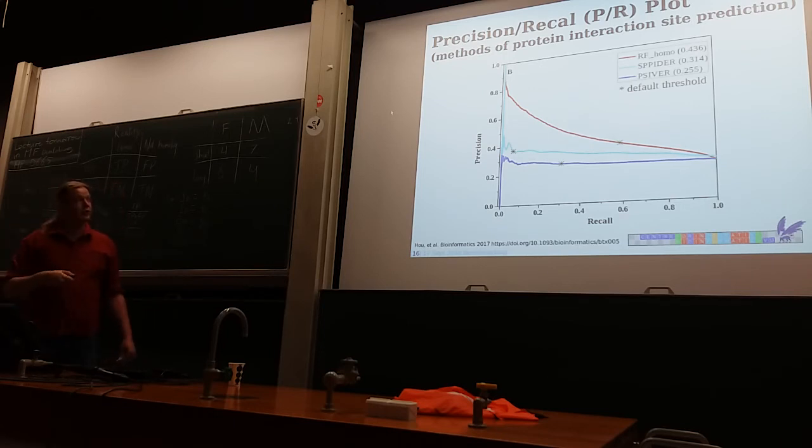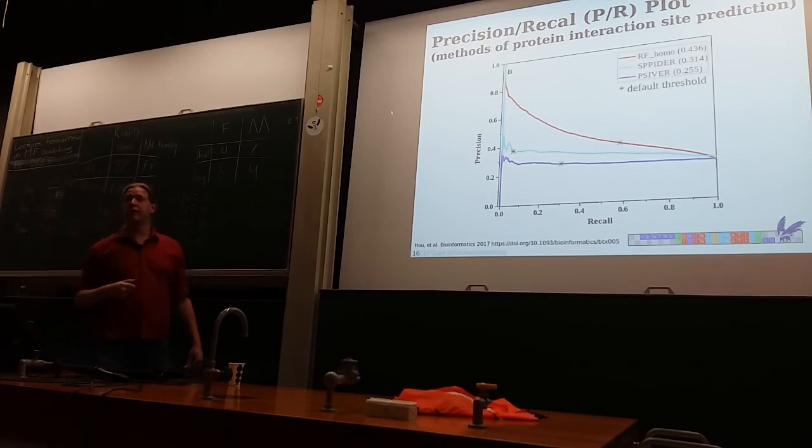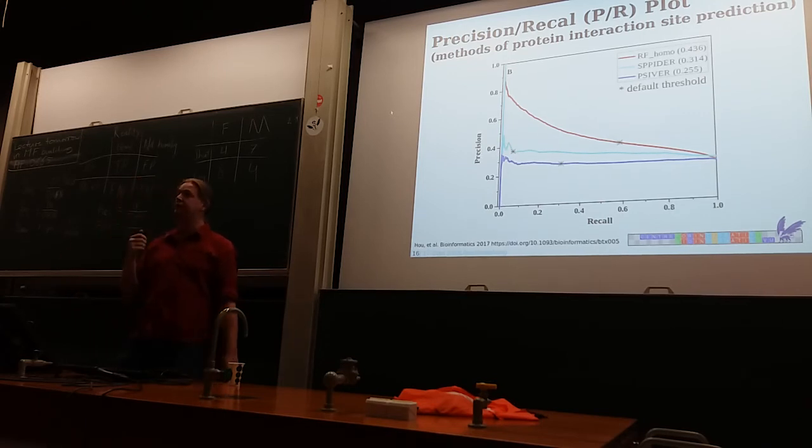This in turn means that the random performance, or the performance of a random model in a precision recall plot, will be this horizontal line. It also means that everywhere you are higher than that line, your method performs better than random.